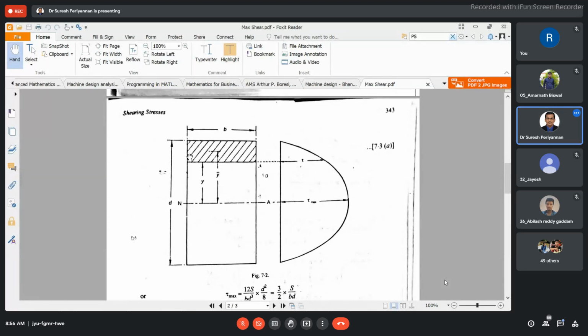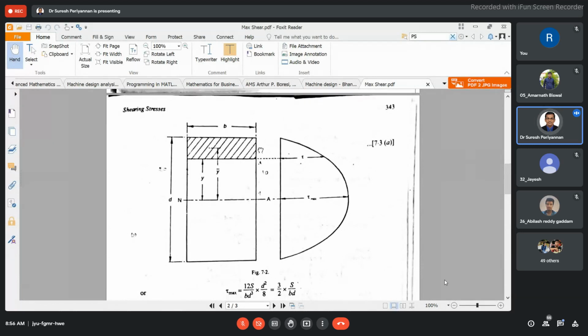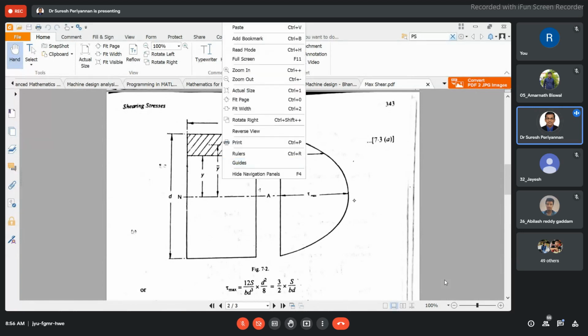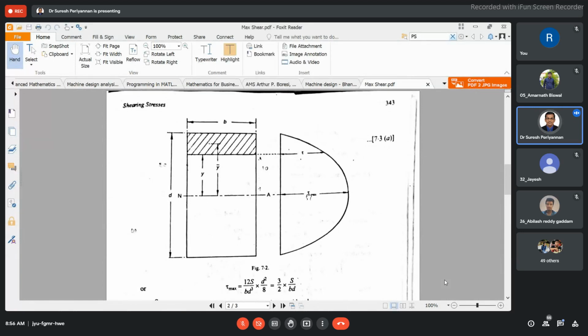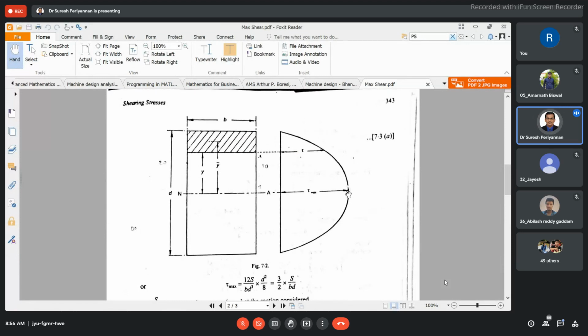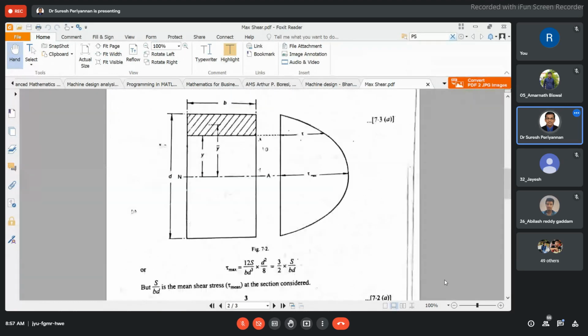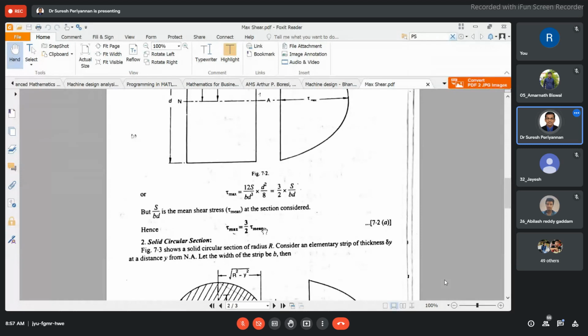The maximum shear stress acts at the middle of the rectangular bar, and both outer layers are 0. Finally, going through this simple derivation, we find that tau max is equal to 3 by 2 tau mean.